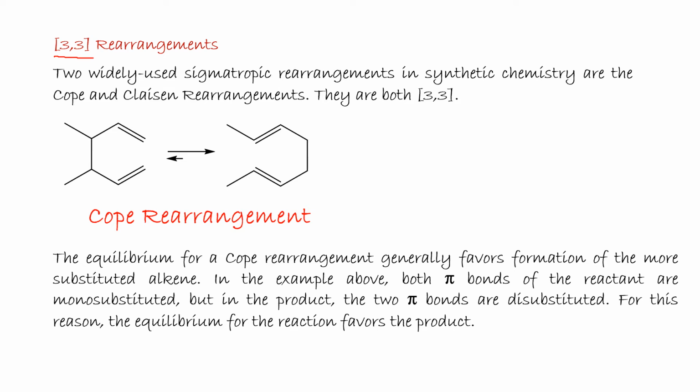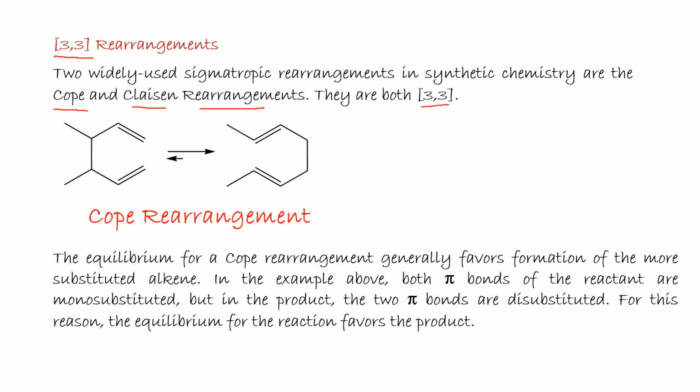3,3 sigmatropic rearrangements. Two widely used sigmatropic rearrangements in synthetic chemistry are the Cope and Claisen rearrangements. They are both 3,3.